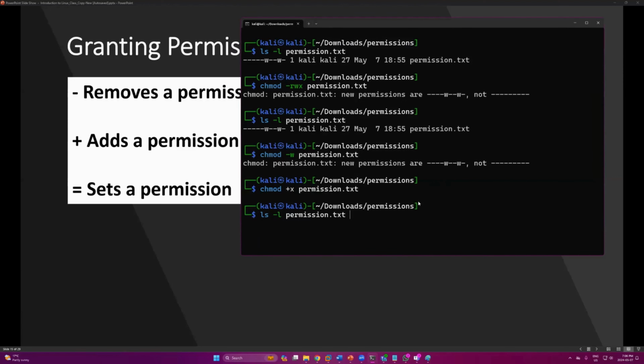It's going to add execute to which one? Which group? Just take a guess. It's not going to be wrong or anything.